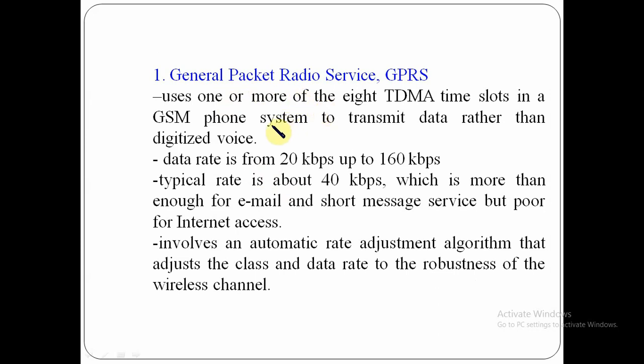GPRS is General Packet Radio Service, a packet-based wireless communication service that promises data rates from 56 up to 114 kbps and continuous connection to the internet for mobile phone and computer users.